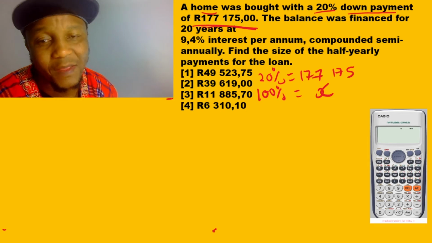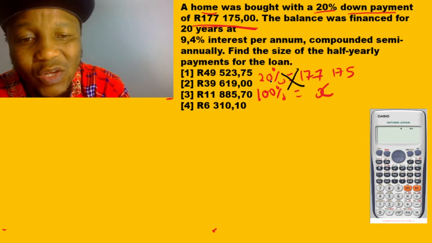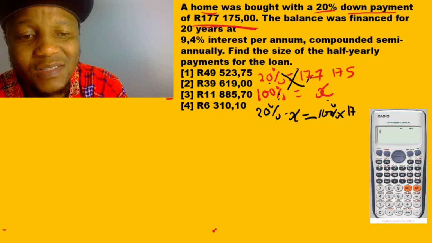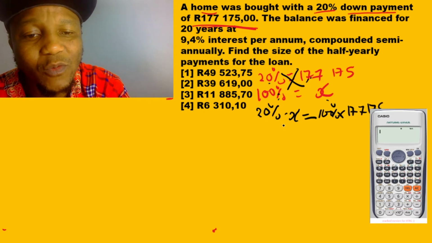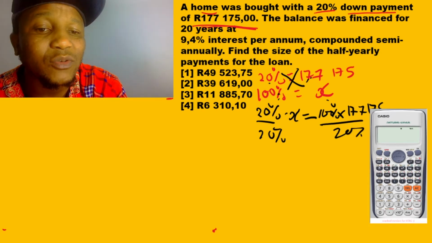So put X there. In mathematics, for this type of question, you do cross multiplication. You say 20% times X equals 100% multiplied by 177,175. You want to get the value of X, so divide by 20% throughout. This and this cancel.